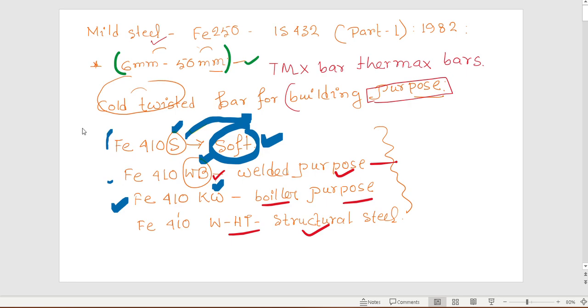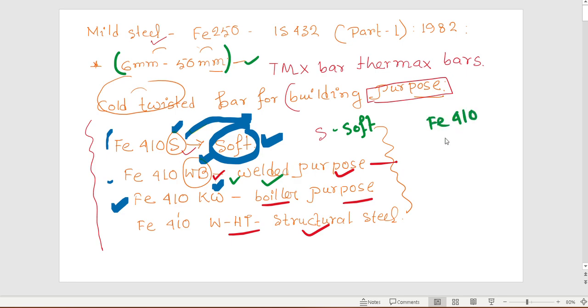Now according to the code, various types of properties of cast irons are available. Now let us check about Fe410. S is for soft, and WB is for weld purposes.